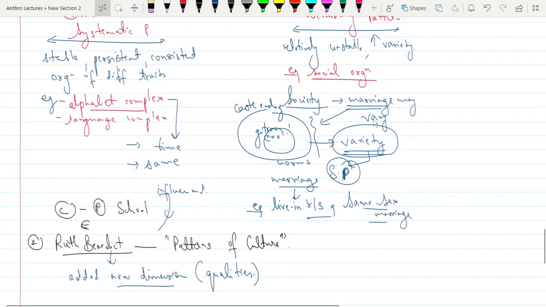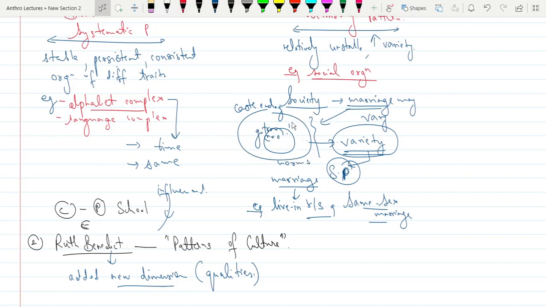In the Hindu marriage system we have a concept of gotra exogamy and caste endogamy. So it means that a family will try to marry their daughter or son within the same caste but outside the Gotra. Now Gotra and caste are two different concepts which we will study separately, but this is the basic meaning.